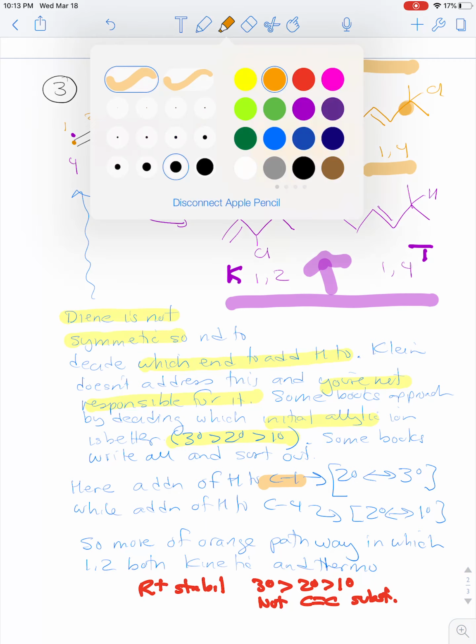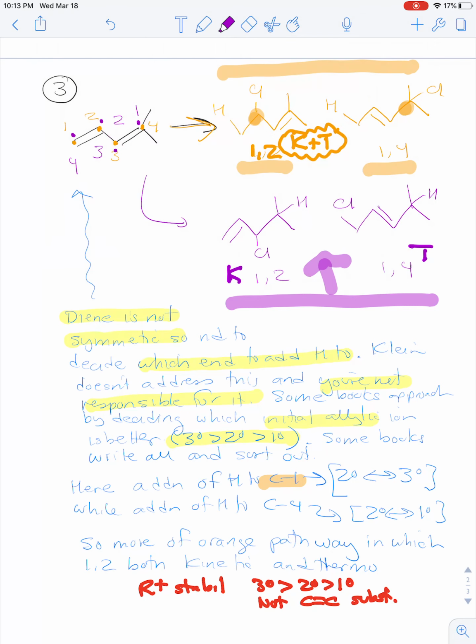On the other hand, if we look at the purple product, here again you've got a, let's see, that hydrogen, oops, did the wrong one again, sorry. All right, so if you look at where the chlorine is here, the chlorine is secondary, here the chlorine is primary, so you have a scenario where you have secondary and primary.